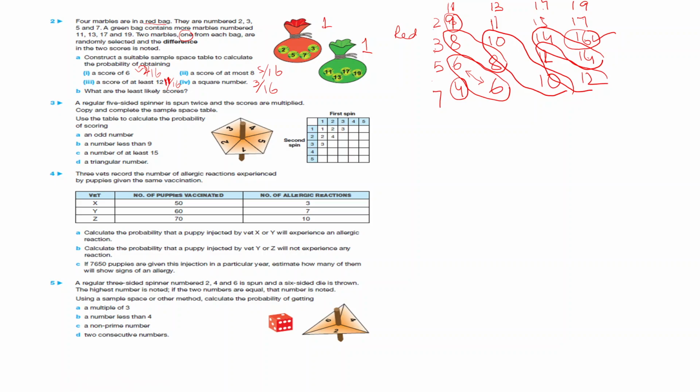So 15, 16, 17, 11. So these are the numbers. What are the least likely scores? So the least likely scores are 11, 15, 17, and 16. So these are the least likely because they are just ones.